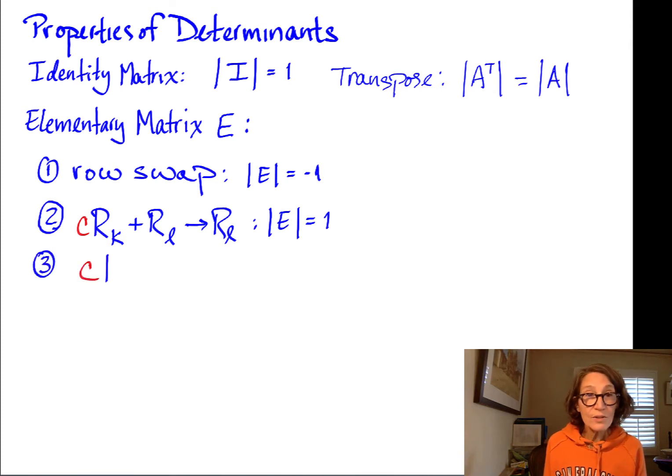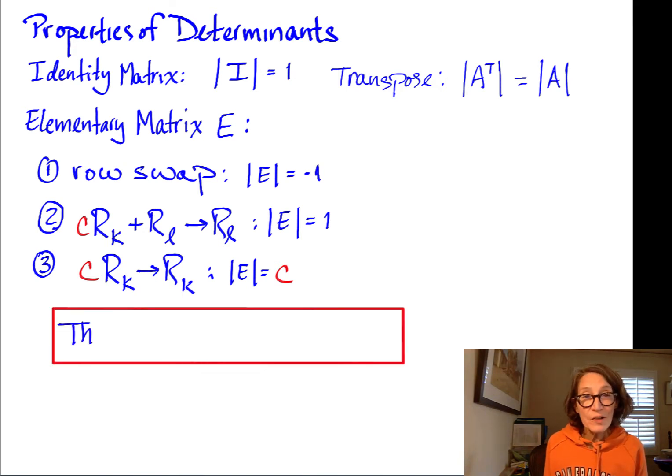All right, the last row operation is multiplying a single row by a scalar. So C times row K is our new row K. So what you're doing is you're changing it by that scalar. So the determinant of the new matrix E is going to be C times 1, or just C.